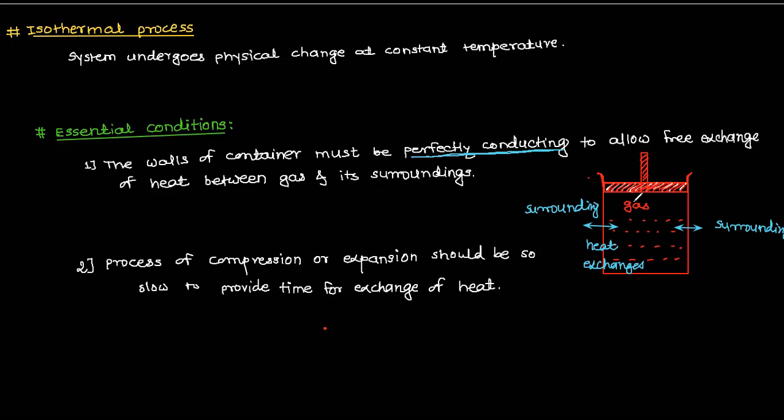So there is expansion and compression of the gas filled in between, and due to that, the exchange of heat will get some time. That pulling and pushing of the piston should be very slow so that heat exchange can take place, or it will get sufficient time for heat exchange. Understand? Okay.